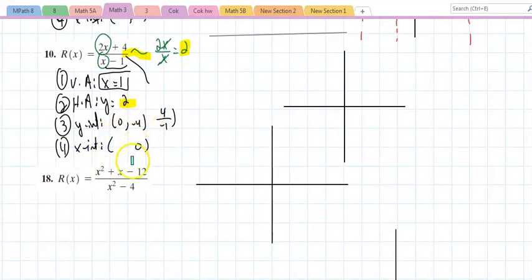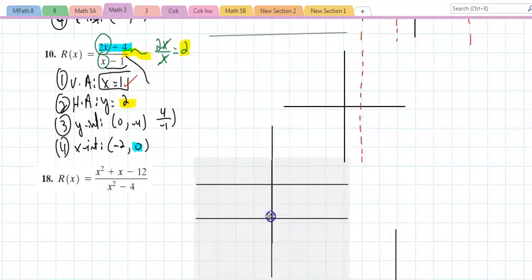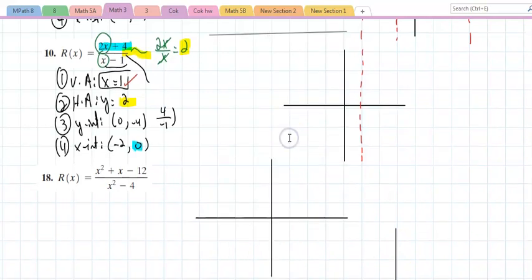If I set y equal to 0, that's really setting the top equal to 0. Where does 2x plus 4 equal 0? Isn't that when x is negative 2? Asymptote. Only one of them. X equal 1. Right there. Horizontal asymptote. Y equal 2.